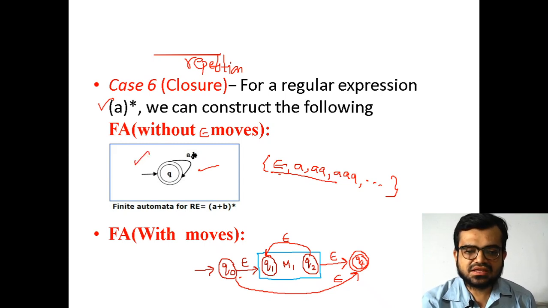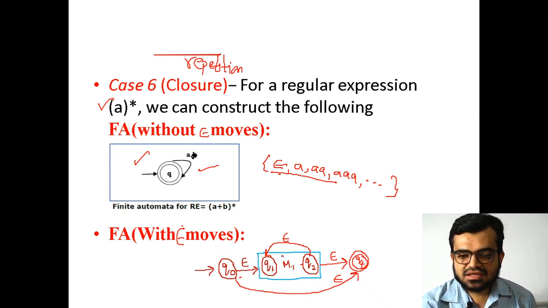Now if I take the same thing with epsilon moves, how should I take it? The first thing is A only. So this is M1, meaning A here. Now A is connected with two states, and you know that it is repeating. So repeating means I have to take epsilon going from this location back, and again from Q0 to this Q4.